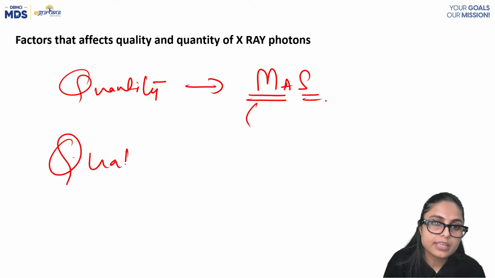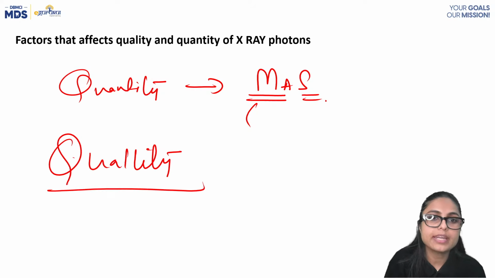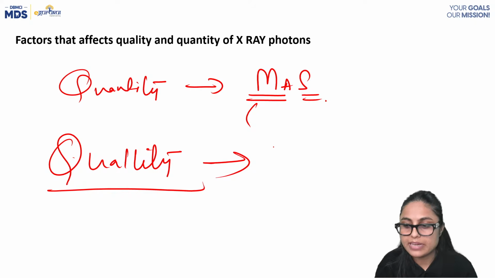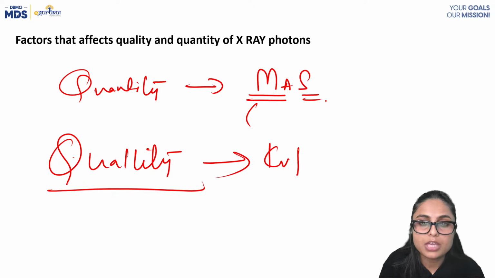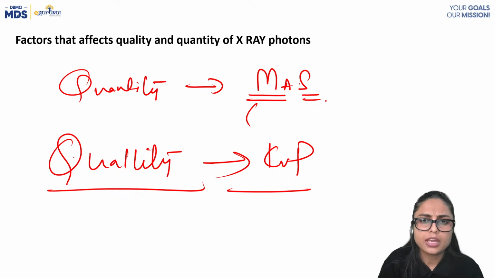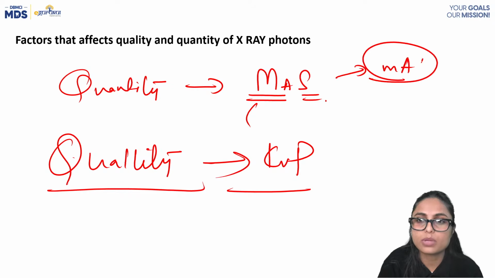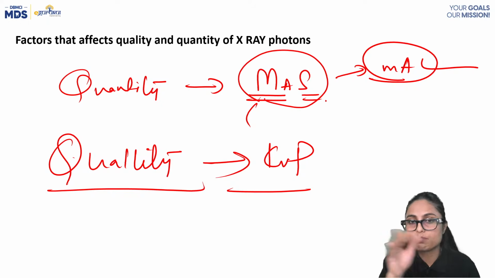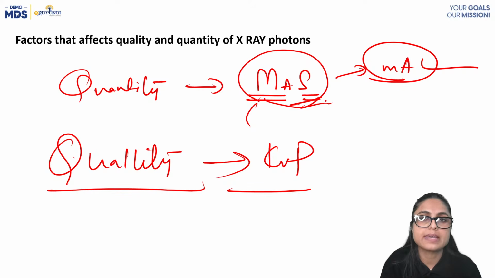The quality of X-ray photons depends on kVp, kilovoltage. So this is a very easy, direct question. If you have only mA in the options, you can go for that option. If you have mAs in the options, you can go for mAs.